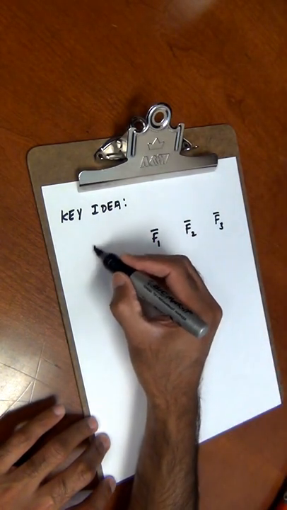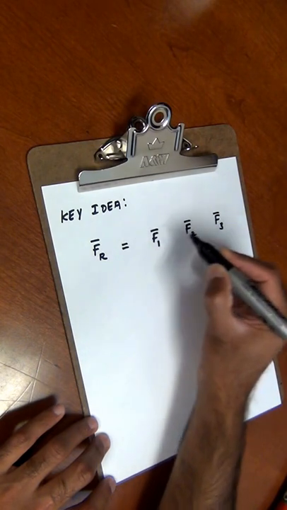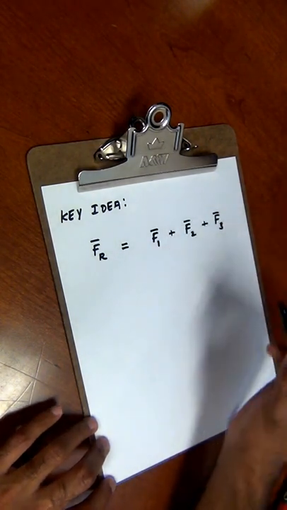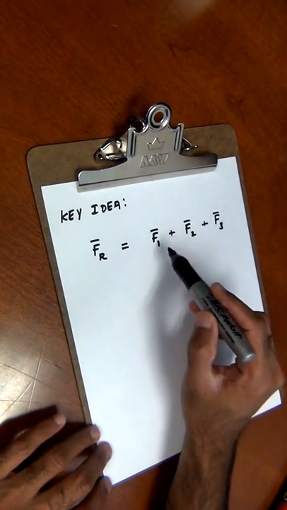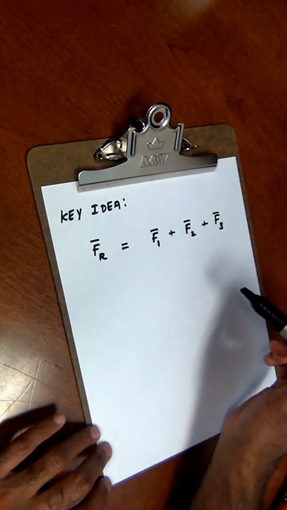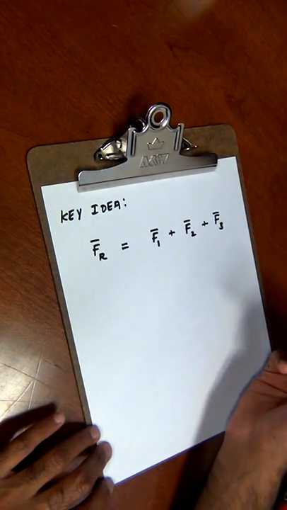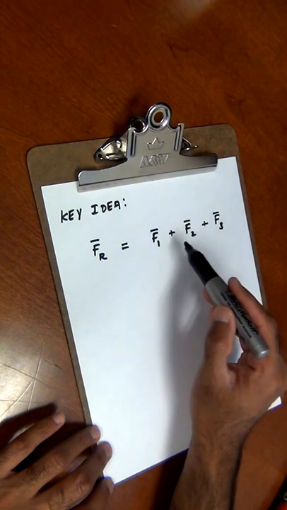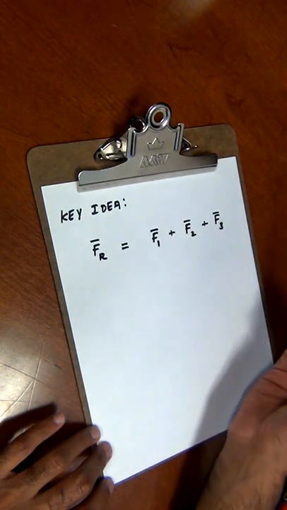I'm going to call the resultant vector Fr, and so Fr is F1 plus F2 plus F3. But this is the vector sum, which means that we need to take each of these vectors F1, F2 and F3, represent them in terms of their components along the Cartesian coordinate system, and then add up the individual components along the respective x and y directions.